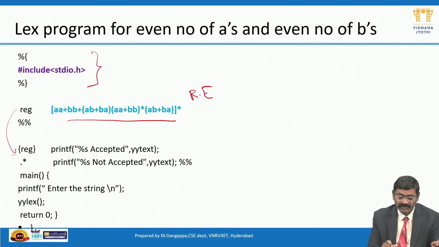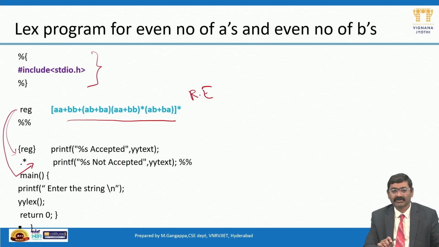And suppose an even number of A's and an even number of B's is not supplied, in that case the string will go to this part, meaning the string is not accepted. So like this we can write the code for implementing the DFA by using LEX.